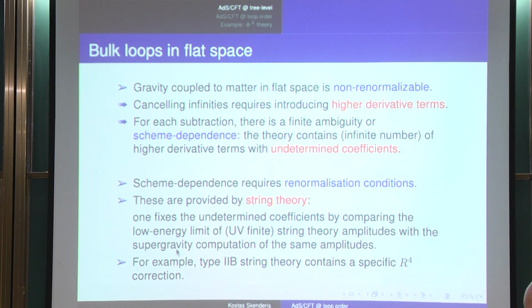And okay, that turned out not to be correct. So there is a specific term, and then you can fix its coefficient by comparing the branes and black hole entropy, and all seems to work, but there's no complete answer and first principles derivation.